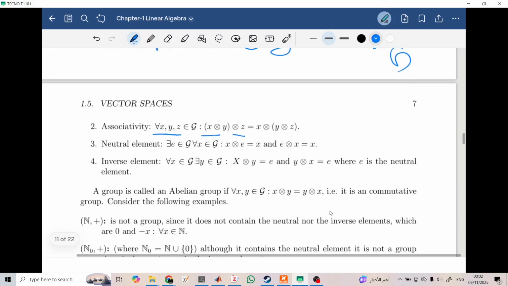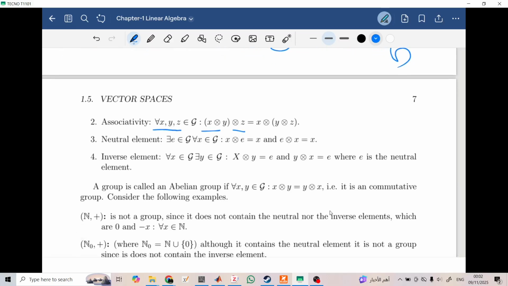Okay, now the third condition, there must be a neutral element. What is a neutral element?